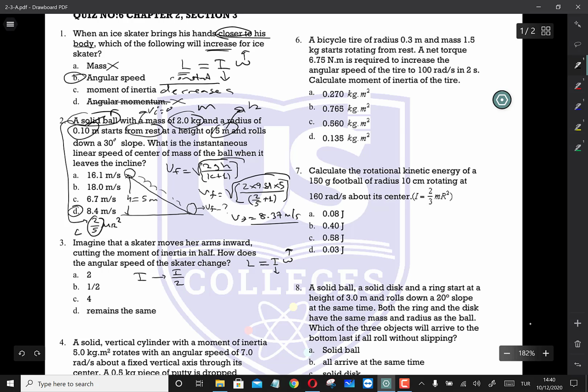As I decreases, omega increases by the same ratio. So if the angular speed is initially omega, and the final moment of inertia is I over 2, the angular speed must double. So angular speed changes by a factor of 2 because they are inversely proportional.